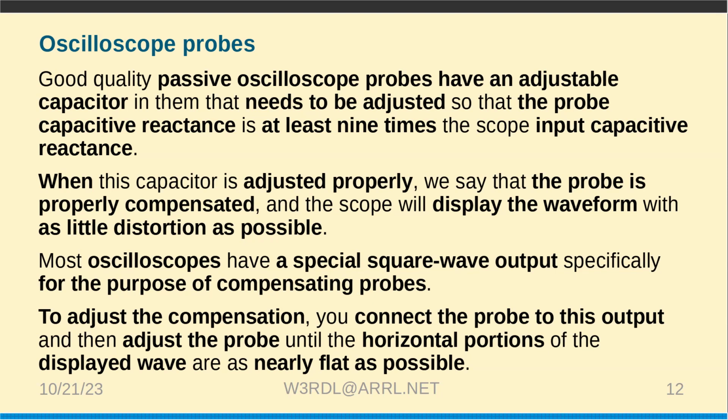And you use that to adjust the probe. You connect it to that, and then you adjust that little trimmer capacitor in there to get essentially a perfect square wave. And it's calibrated at that point.